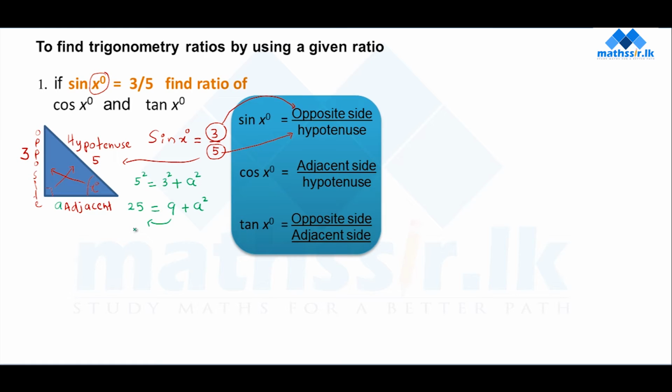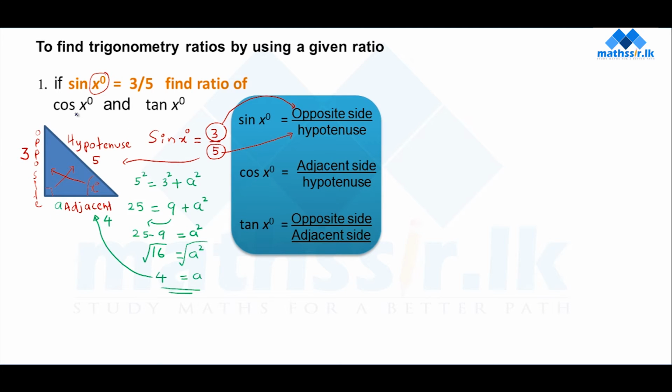We'll go to the other side. 25 minus 9 equals A squared. 16 equals A squared. If you remove the power 2, you take both sides square root. Now A value is 4. This value is 4.